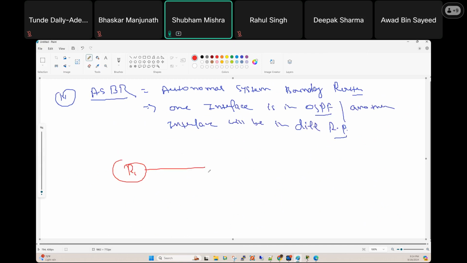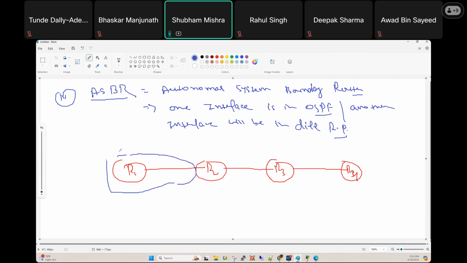R1, R2, R3, R4. Everyone please focus. Here I am running OSPF area 0. Here I am running OSPF area 1.